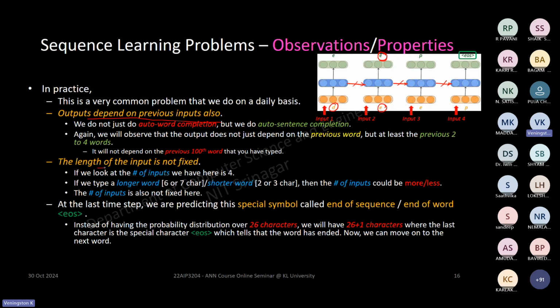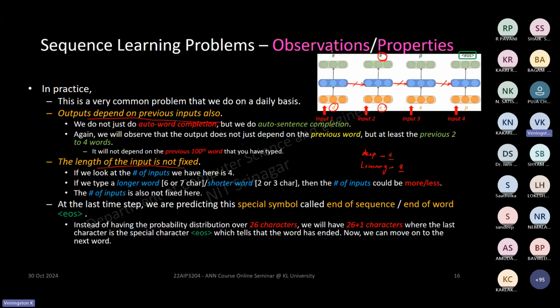At the same time, the length of the input is not fixed, because all the words in the English dictionary are not of the same length. Deep is a word made up of four characters, but if you take another word, let's say learning, its size is 8 and not 4. So the length of the input can differ, and that is another observation from this problem space, especially in the auto-completion task.